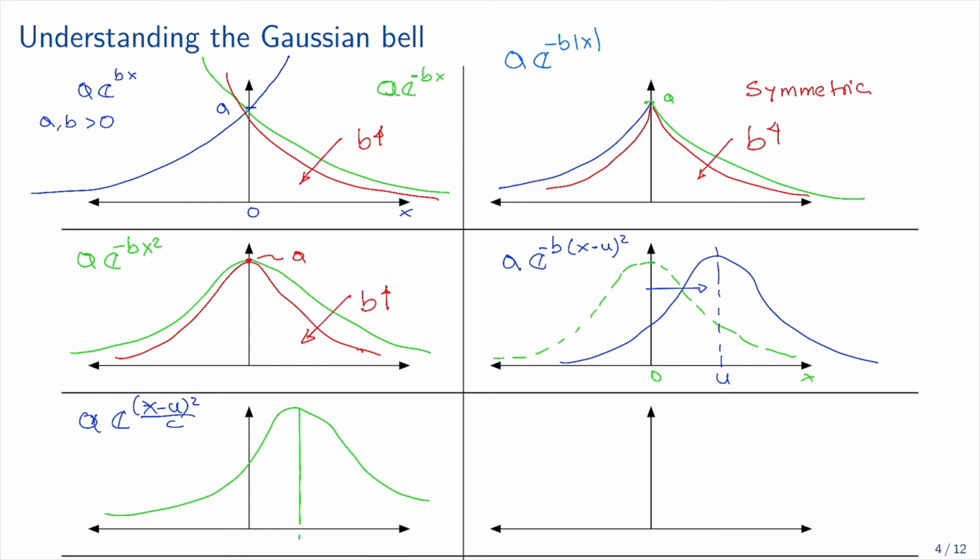This is u. But now c, because c is in the denominator, increasing c will have the opposite effect that b used to have. Increasing c, it will be something like that. So that will move the curve in this direction. So this is increasing c, as c is in the denominator.